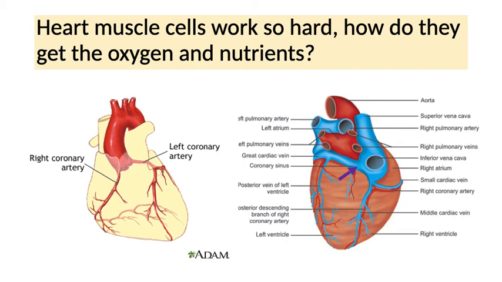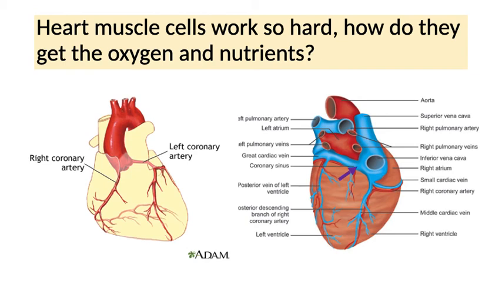As you may have learned, later on the arteries will create branches called capillaries, the smallest blood vessels, and capillaries will reach every layer of the muscle tissue in the heart to give the oxygen and the nutrients they need to do the contraction.